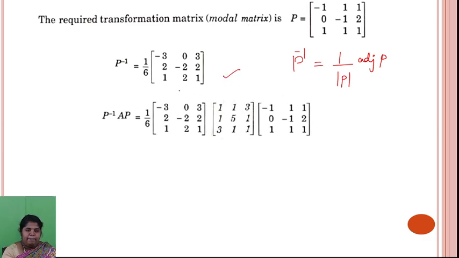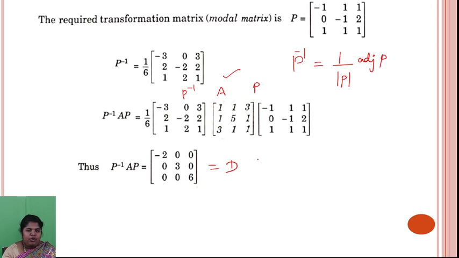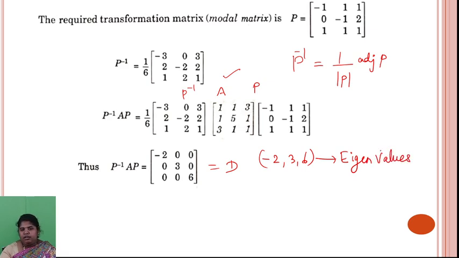Now find P inverse A P. Taking the product, we get the matrix minus 2, 0, 0, 0, 3, 0, 0, 0, 6, which is our diagonal matrix D. Here note that the diagonal elements minus 2, 3, 6 are our eigenvalues. So note that in the diagonal matrix, we should obtain the eigenvalues as the diagonal elements.